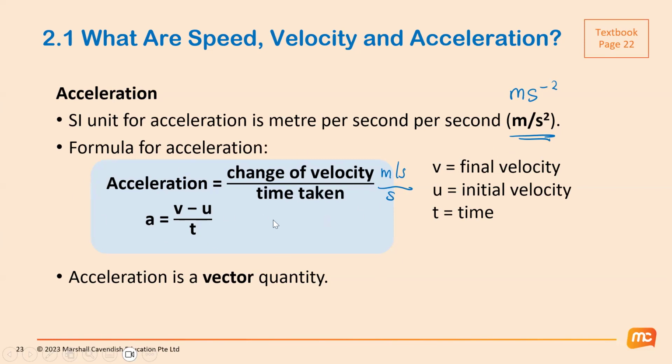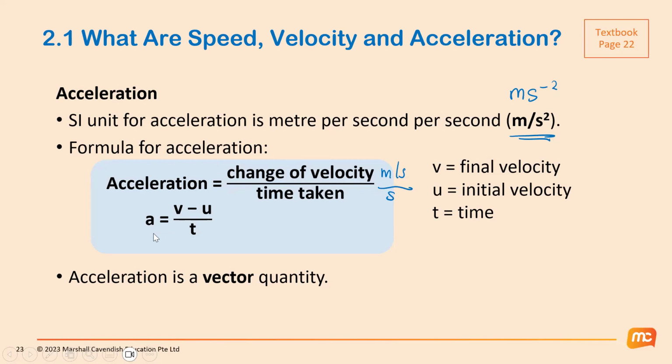So the formula for acceleration, please memorize it. It is used very often throughout a lot of chapters. Acceleration is defined as the change in velocity per time taken. But we don't usually write it out in words, we use symbols to represent it.